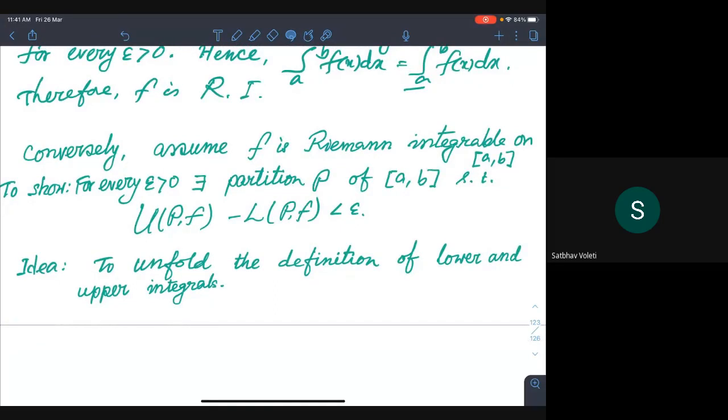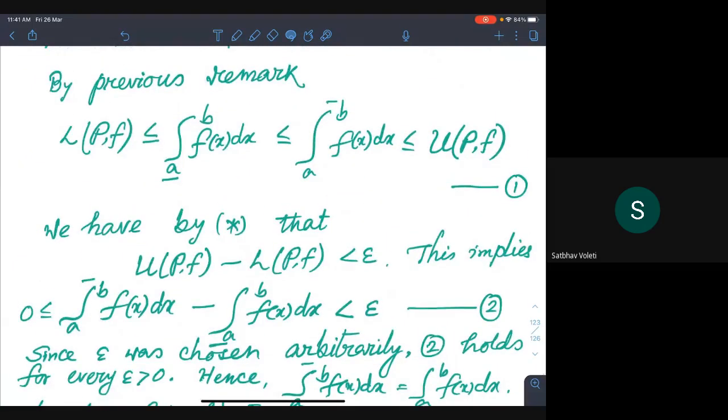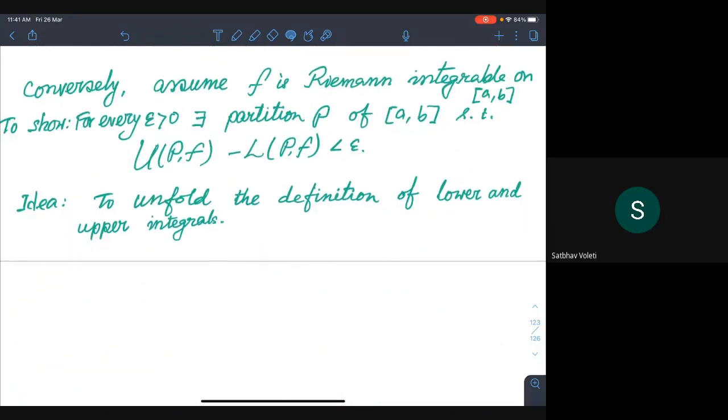Now here assume f is Riemann integrable. So we have here these two are equal. Then we need to show that for every epsilon greater than 0, there exists a partition P of the closed interval AB such that U P f, the upper sum, minus the lower sum, is less than epsilon.